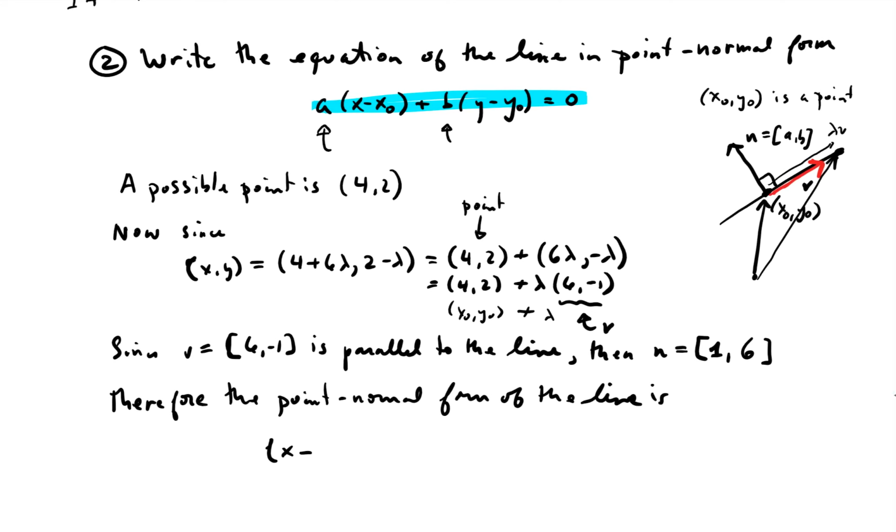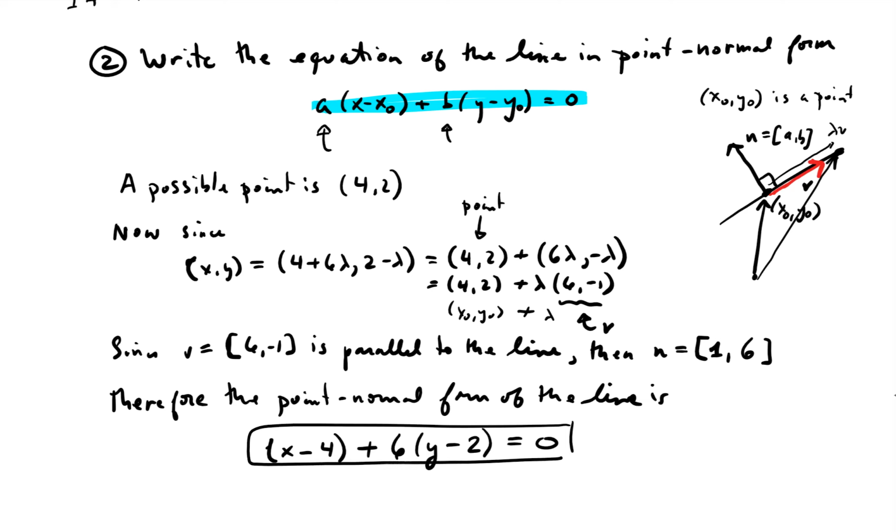It's 4, plus b being 6 times (y minus y0), y0 is 2, like this, and I've got my equation in point normal form. If I expand this, I would be able to write it in the form ax plus by plus c equals 0, for instance.